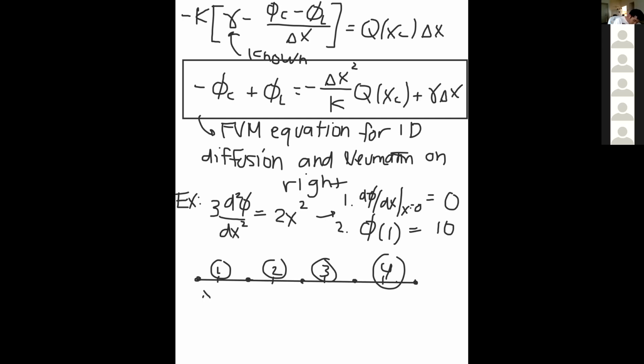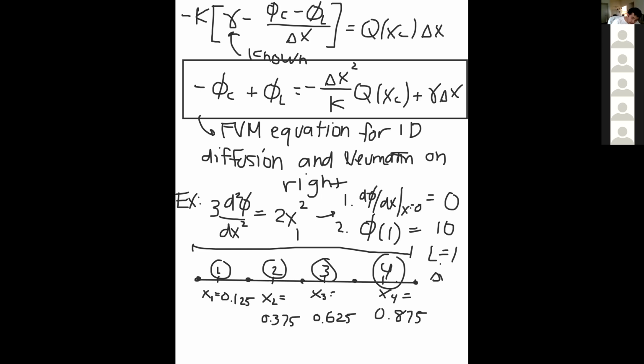So we have x1, the center of the cell, is going to be 0.125. x2 is going to be 0.375. x3 is going to be 0.625. And x4 is going to be 0.875. Okay, because the length of the domain is 1, and that means delta x, since we have 4 cells, is 0.25.